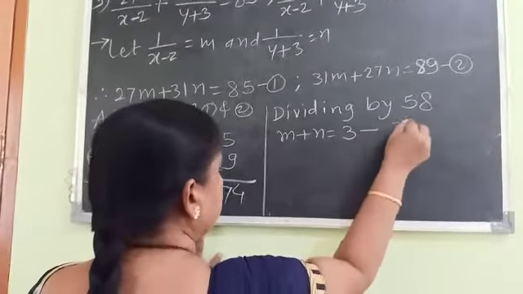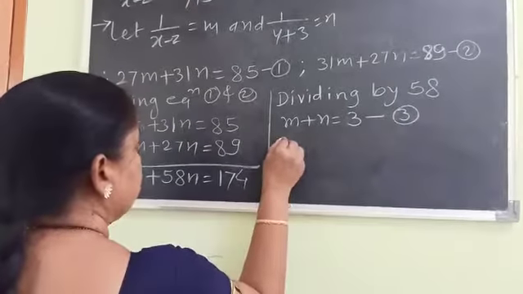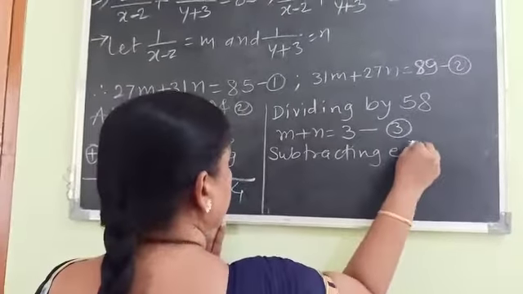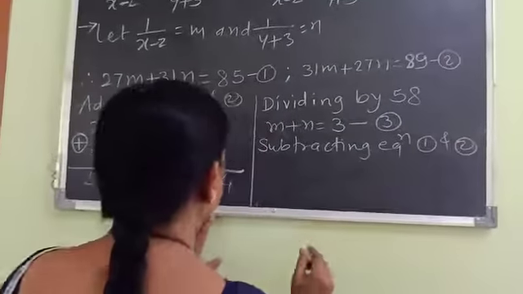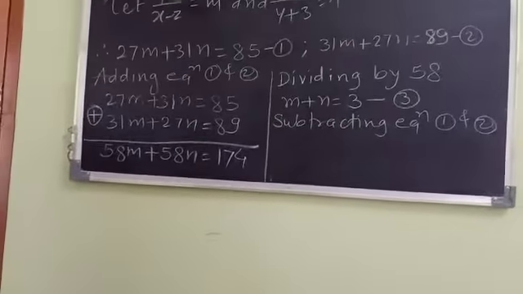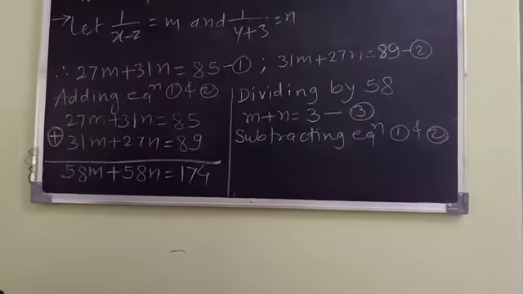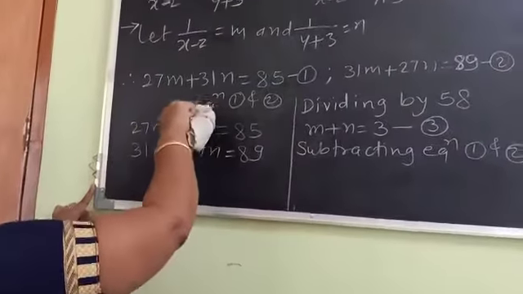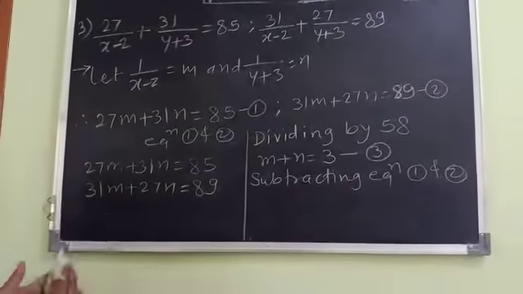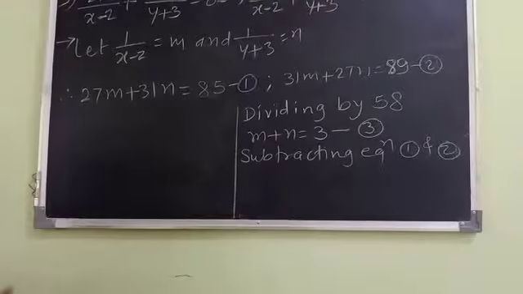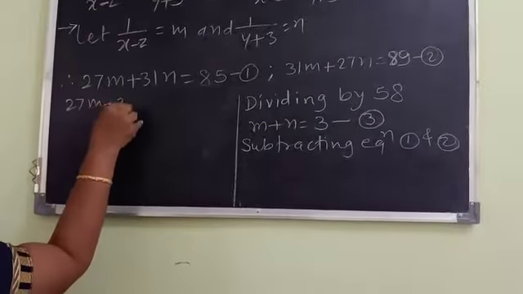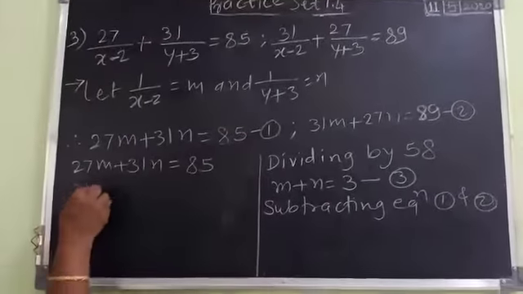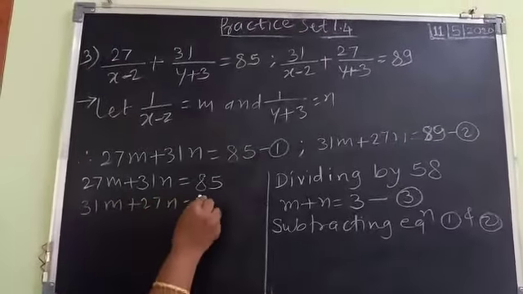This is equation 3. Then subtracting equation 1 and 2, we get 27m plus 31n is equal to 85 and 31m plus 27n is equal to 89.